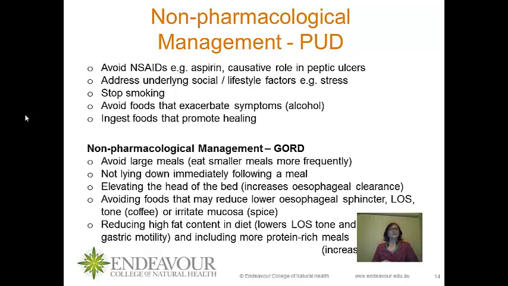Cutting out the fats, the high fat content in the diet, and then modifying the amount of protein so as to increase that lower esophageal sphincter tone and keep the gastric contents in the stomach, always maintaining a higher pressure zone in the esophagus so you don't get reflux of the contents.